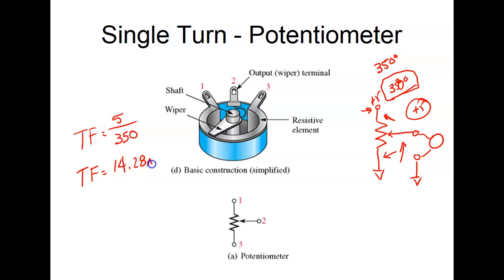14.28 millivolts. Now I know my volts per degree, right? If I came over here and put this out, that's not going to be 420 millivolts. In Ohm's law, to make it work, we ignore the units.